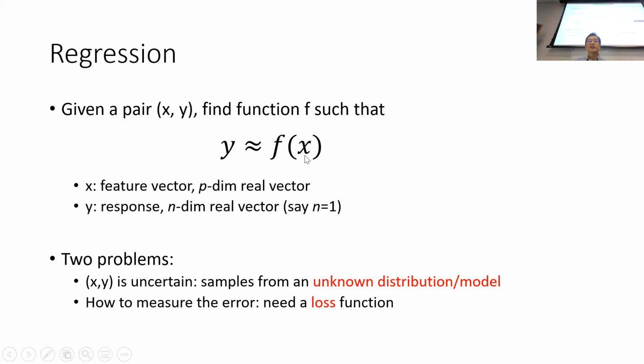Okay, so x can be multiple variables, because you oftentimes want to use more than one variable to explain the relationship. Each variable contributes differently to predicting the y value. In that case, you have p dimensions of features.